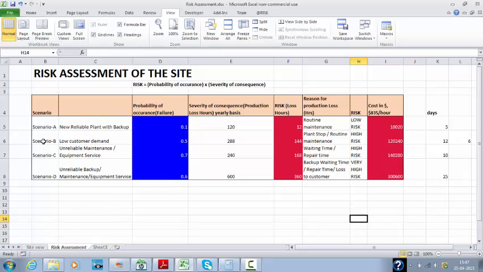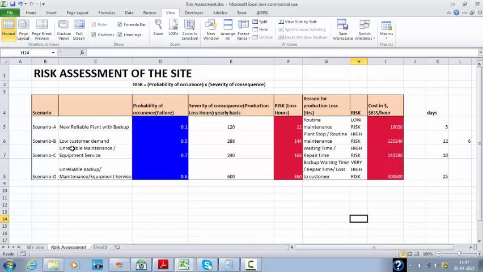Then you have scenario B, where you have low customer demand. It means the customer doesn't demand the product, so the plant doesn't utilize its full potential, and there's going to be loss in terms of plant stop, and there's going to be some routine maintenance.